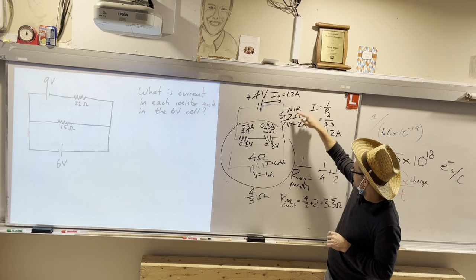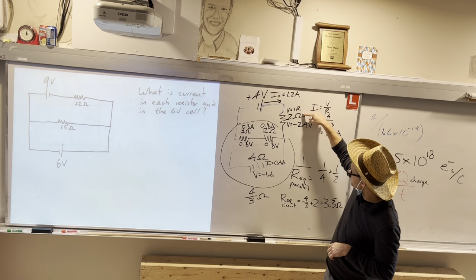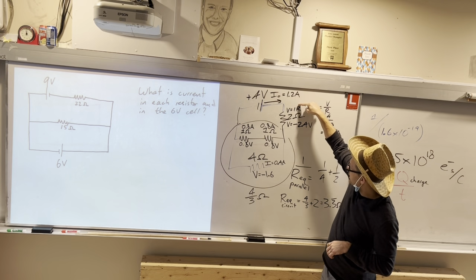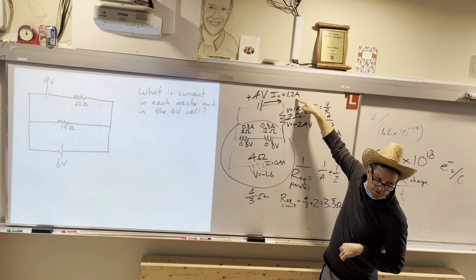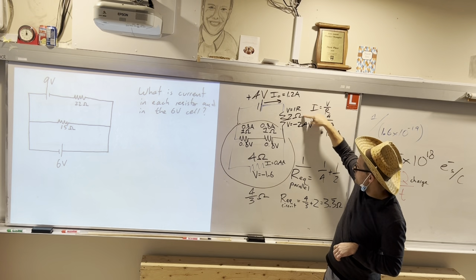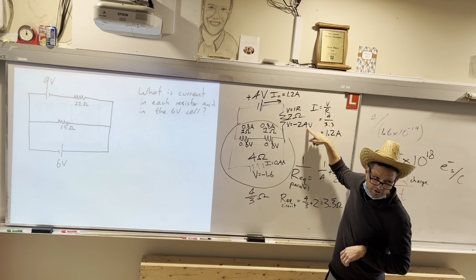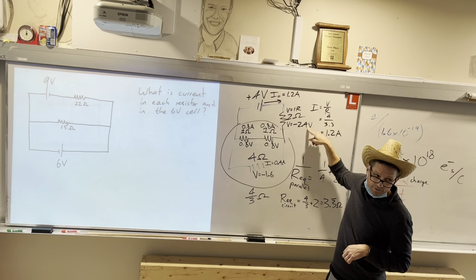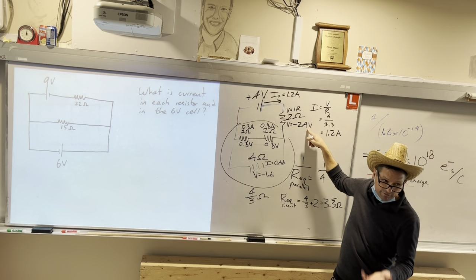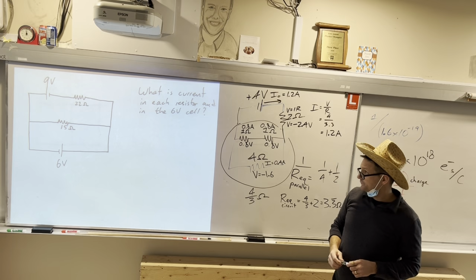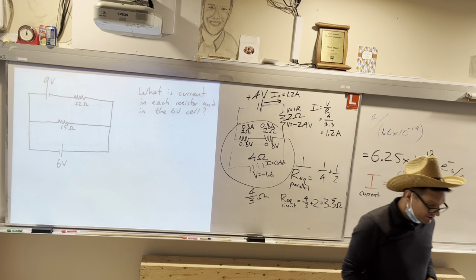Sorry, it's not V over R. To find this one, we had to do I times R. We know the I was 1.2. So 1.2 times 2 is 2.4. That's why this is 2.4. And then 4 minus that is what you have left to drop. So this is not so easy, right?